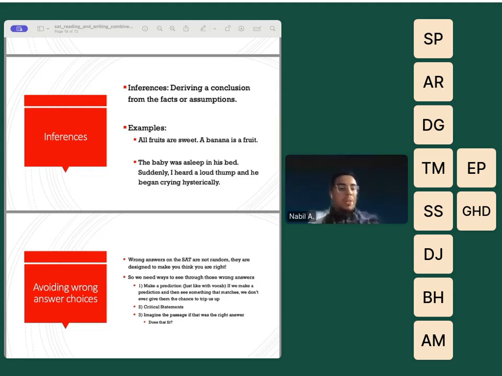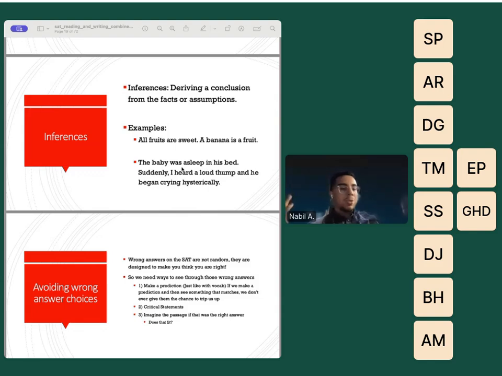Yeah. So maybe the baby fell down. We're not necessarily given facts that show how the parents behave. We don't know that. We really want to make a logical inference based off of what we're given. Well, what are the facts in this passage? The baby was asleep, there was a loud thump, and the baby began crying hysterically.